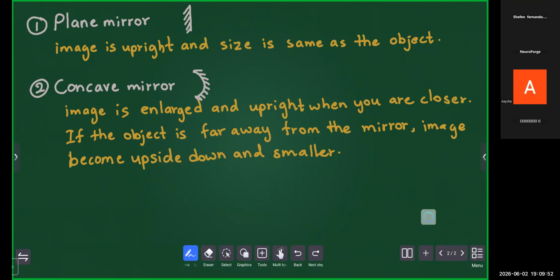Second one, concave mirror: the image is enlarged and upright when you are closer. If the object is far away from the mirror, the image becomes upside down and smaller.